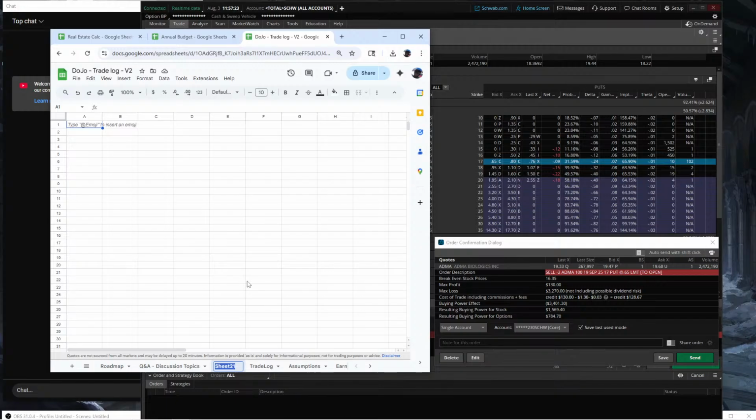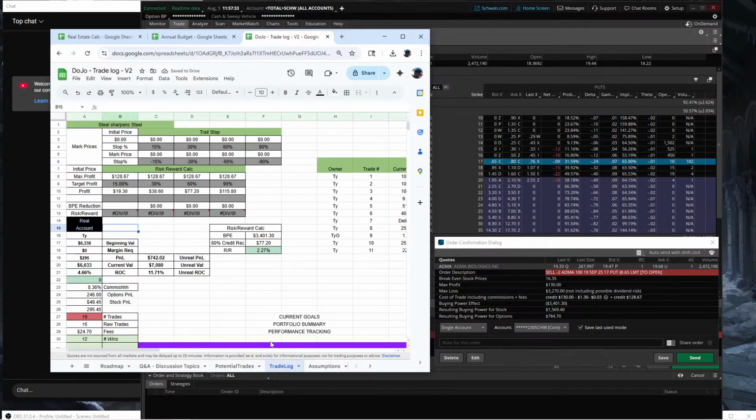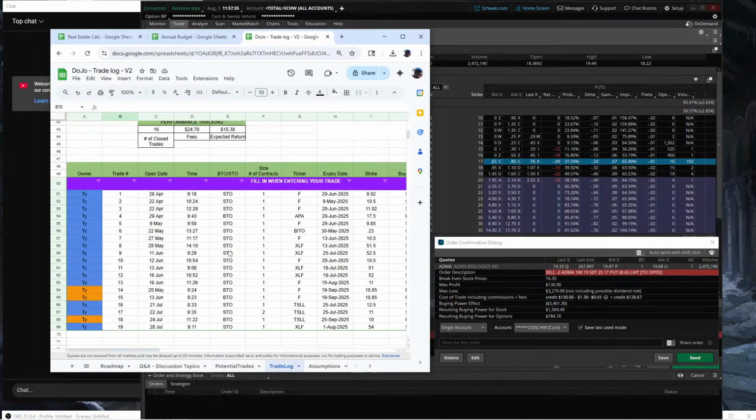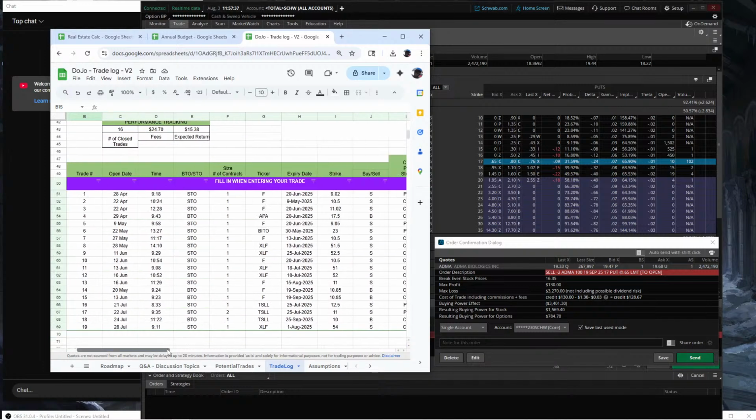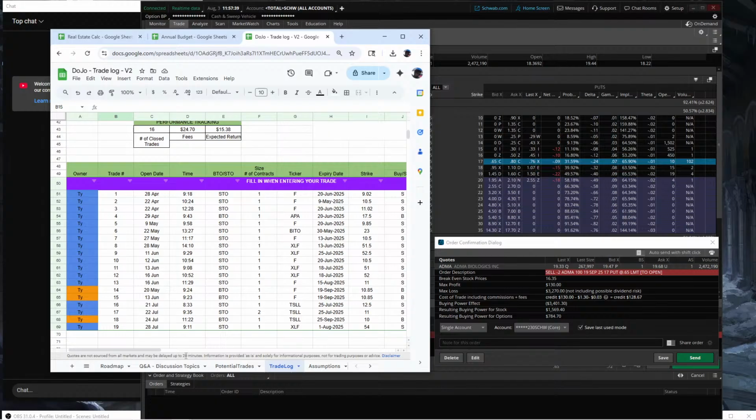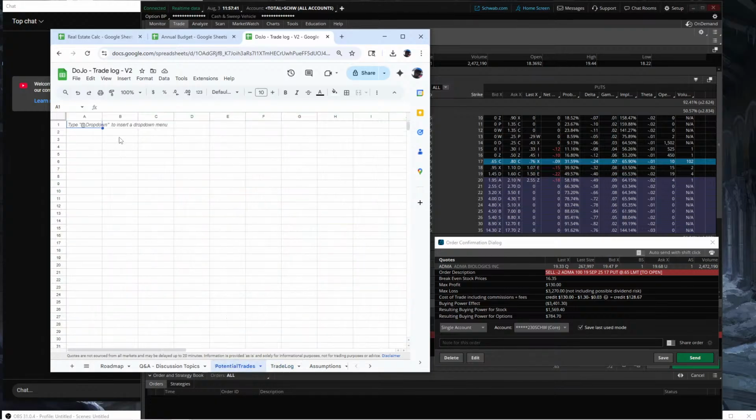What kind of trades are these? These are like potential. It's fine. And we take the trade log. Let's just build it out because I want ticker, current price, number of lots.